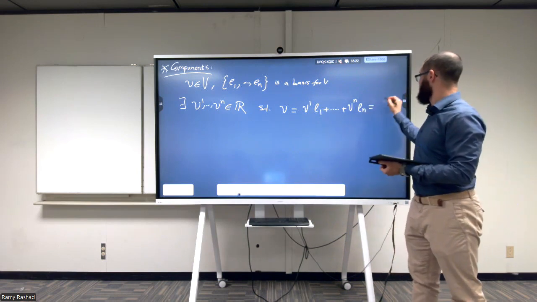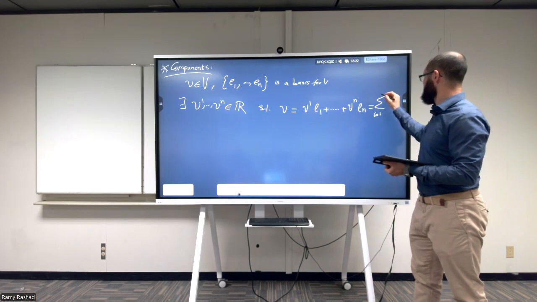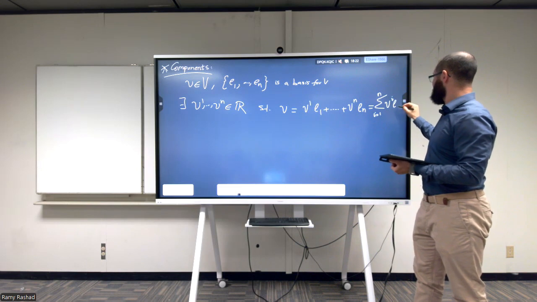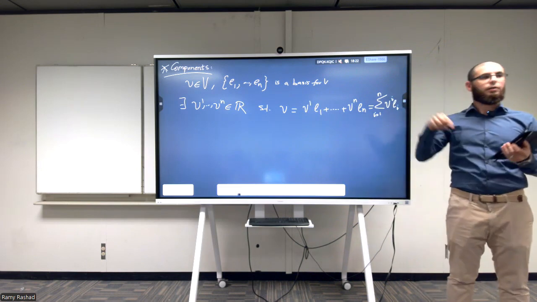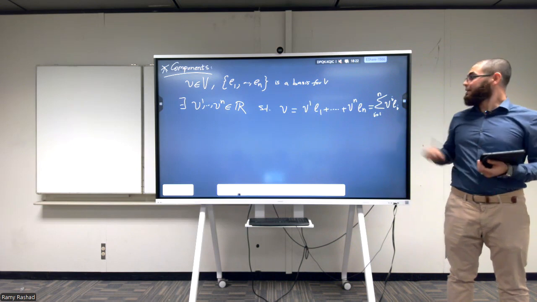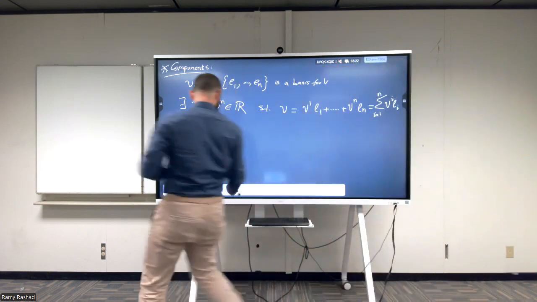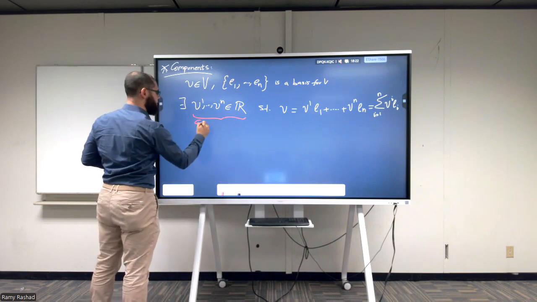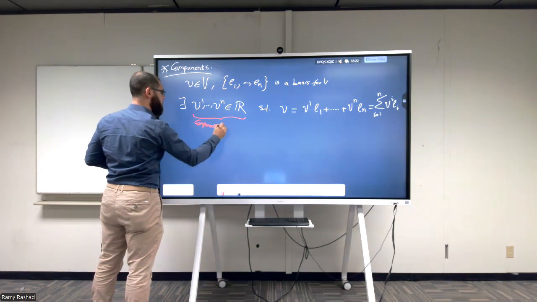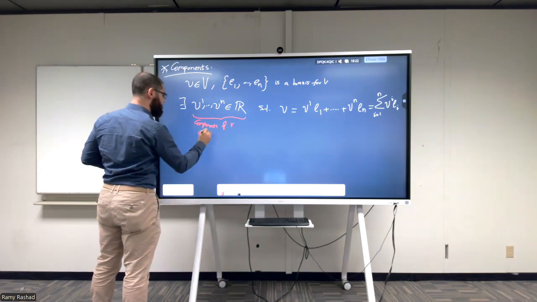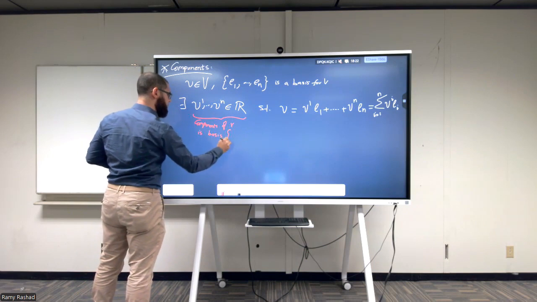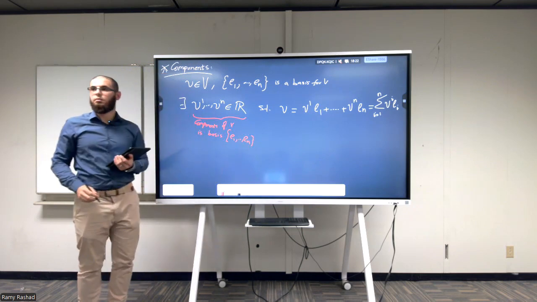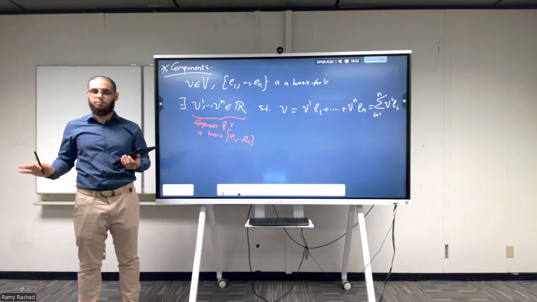Or in other words, the summation of i that goes from 1 up to n of V index up i, E index down i. And these guys are called the components of V in basis E1 up to En. Clear for everyone? Make sense?